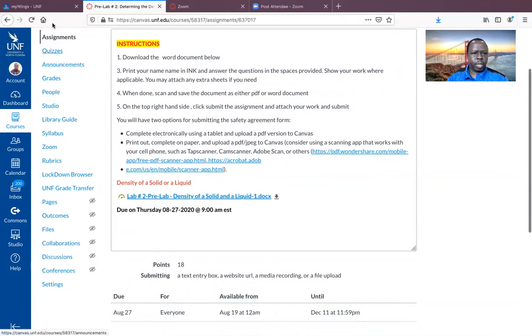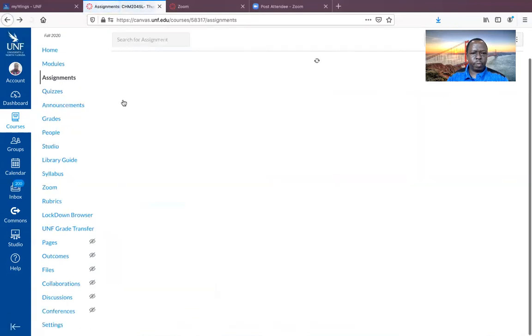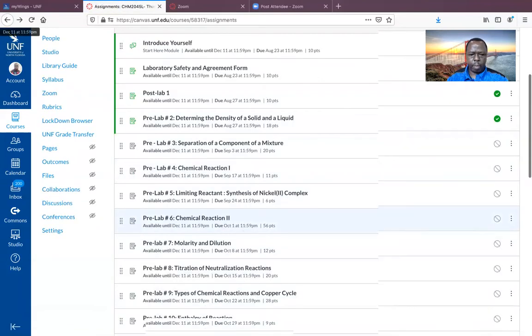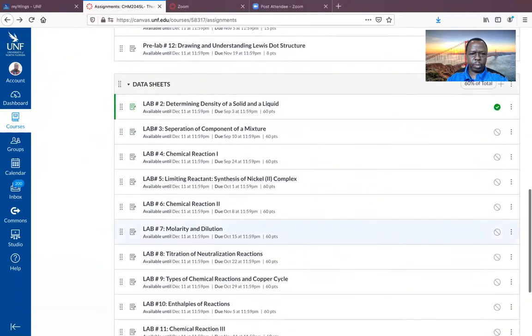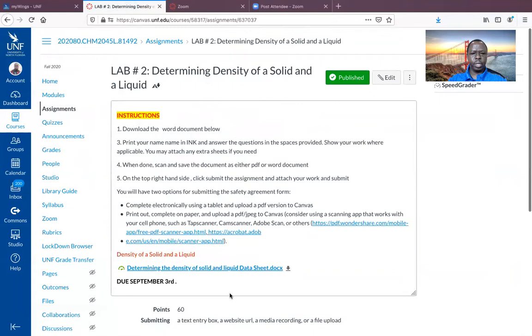I meant to say the data sheet for the lab experiment. These are pre-lab, so this is what you need, the data sheet. You will download the document. Please take note of the due date, 3rd of September. But if you get done before then, that's fine.